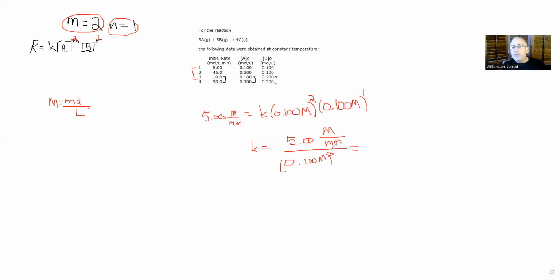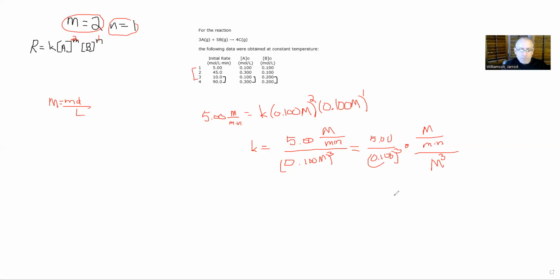I'm going to separate the numbers from the units now. 5.00 divided by 0.1 cubed times molarity per minute over molarity cubed. Because if I cube this, it's going to be 0.1 cubed and molarity cubed. All right. So let's go here.